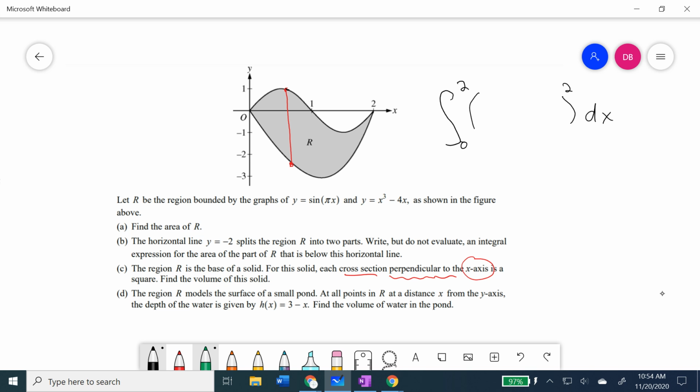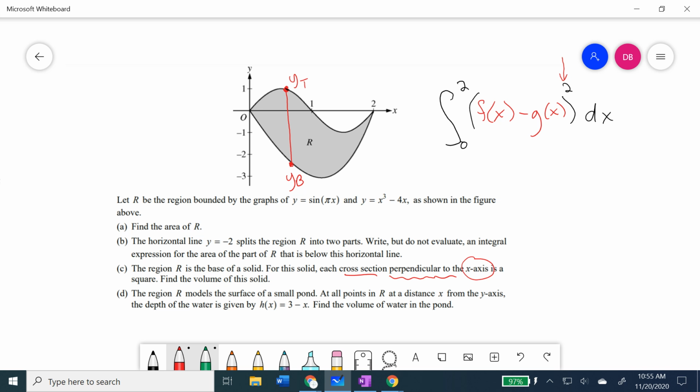And then for the length of the side, I need y top minus y bottom, which would be, if I'm correctly remembering the names I gave the functions, f of x minus g of x. I will say, though, because of the squared, technically it doesn't matter which subtraction order you use because the squared will force it positive.